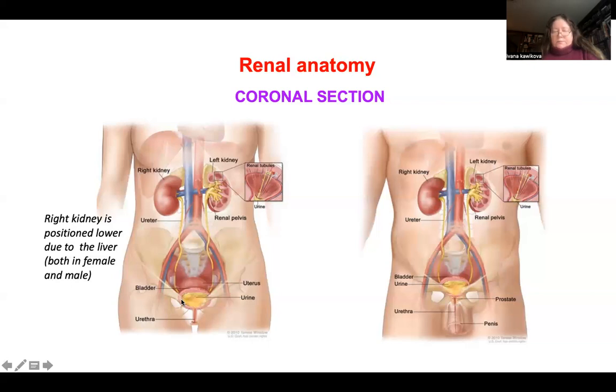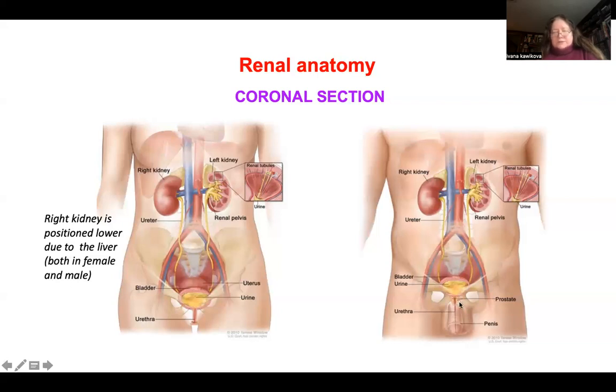And then when the person is ready to void, when there is a sufficient amount of urine in the bladder and the reflex is activated, we can empty the urine through the urethra out of the body. Now you see that the female and male renal system is very similar.